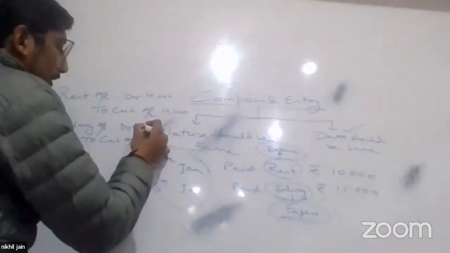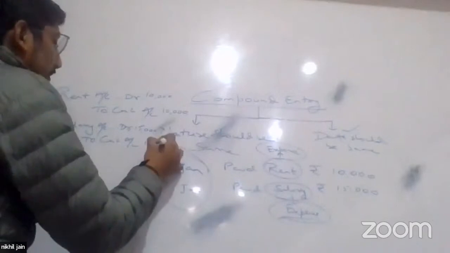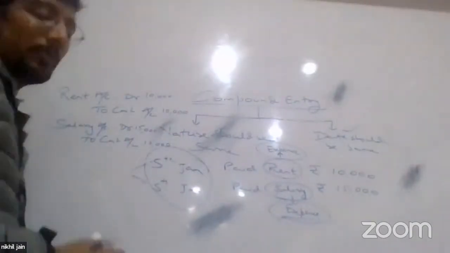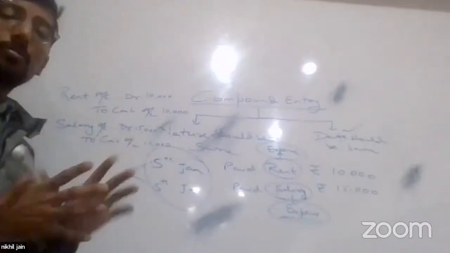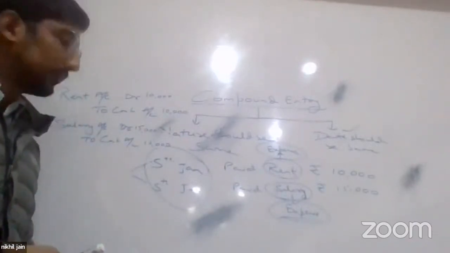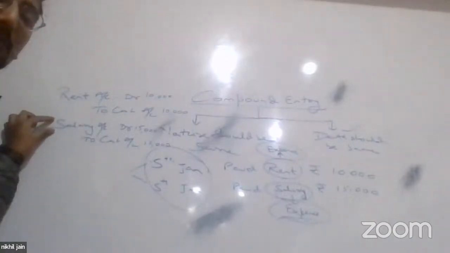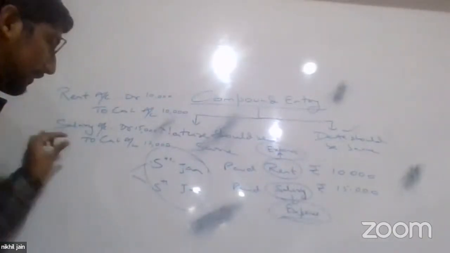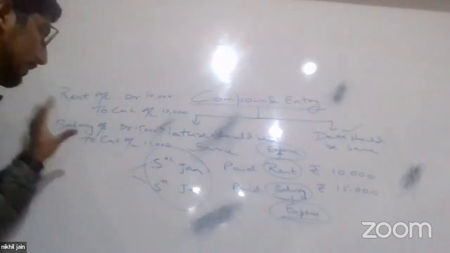So when we are paying salary, we will be debiting the salary account. So it will be salary account debit to cash account. So it is an expense for us. Expense बढ़ता है तो डेबिट करते हैं, एसेट है, एसेट घटता है तो क्रेडिट करते हैं. तो ये तो हो गया.